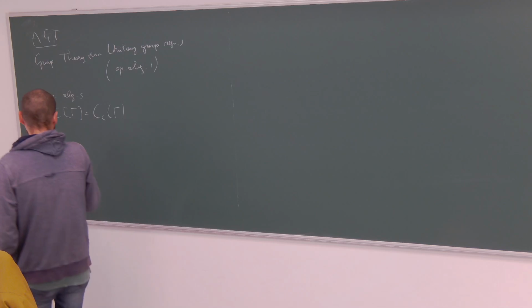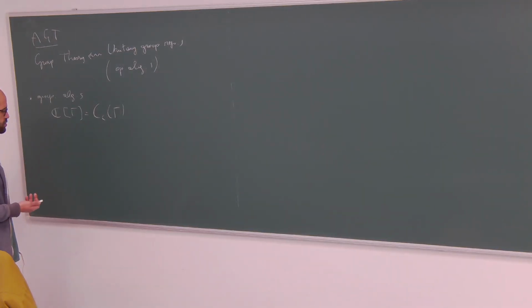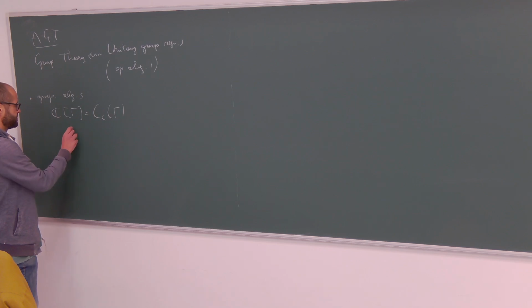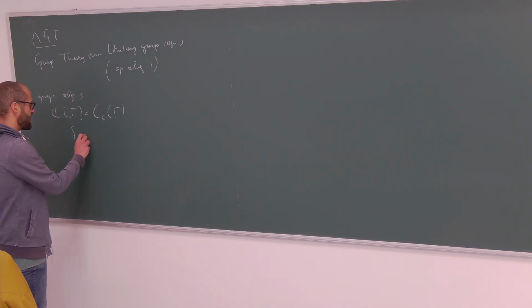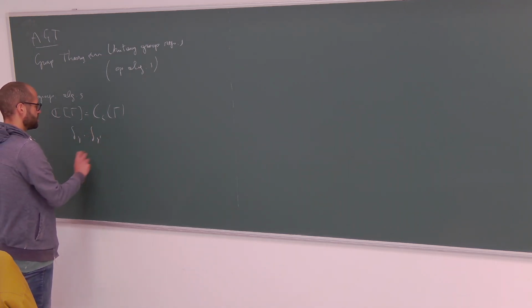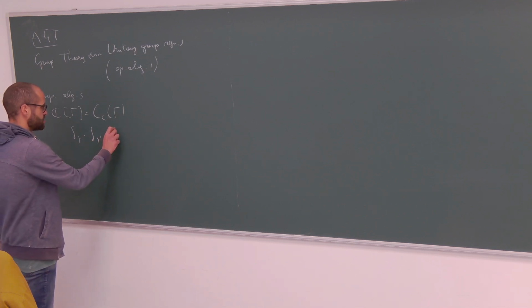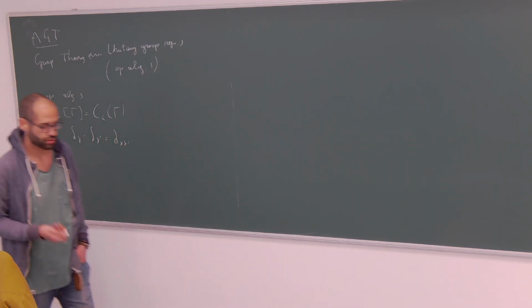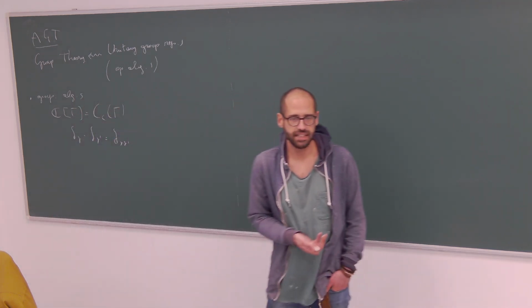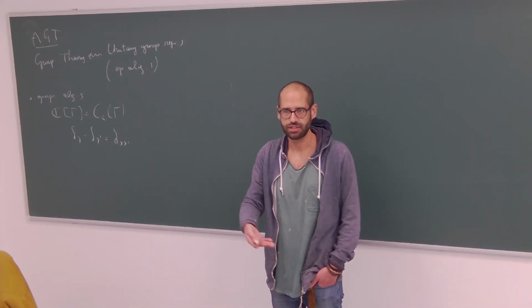Since we want to recover properties of the group, the basic idea is to take, for example, the delta function on a group element and multiply it with the delta function on another group element, and now I declare that this is just delta of the product of the two group elements. In this way, at least I have the group structure already in this algebra.